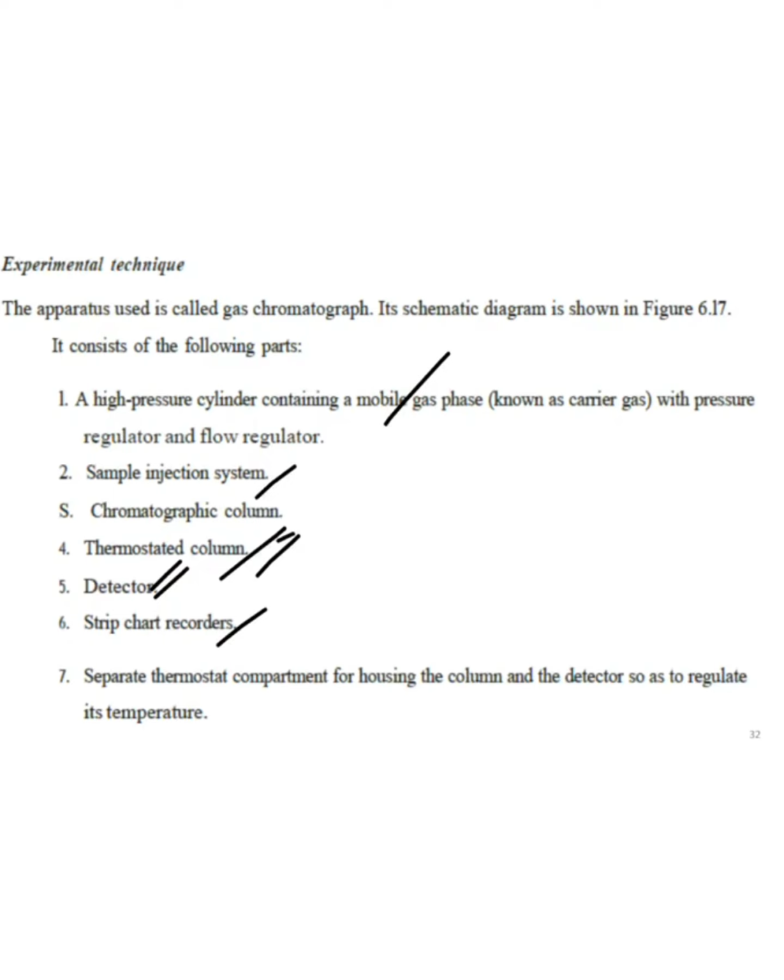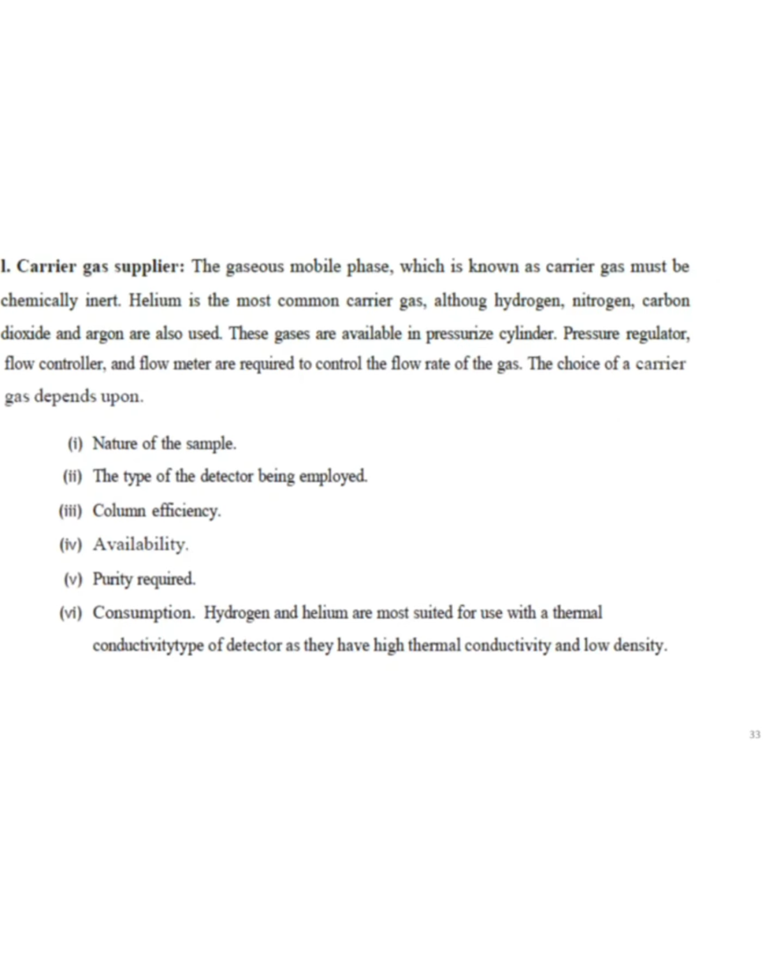In carrier gas we are going to use different gases, it may be helium, hydrogen, depending on the sample, the type of detector used for determining the compounds, and the column efficiency.